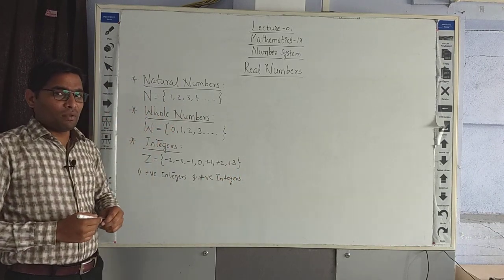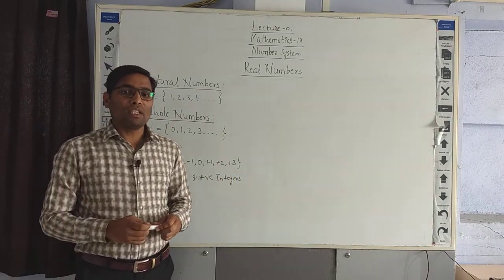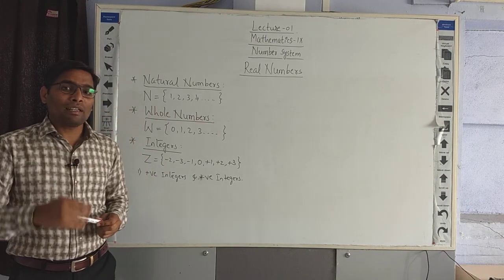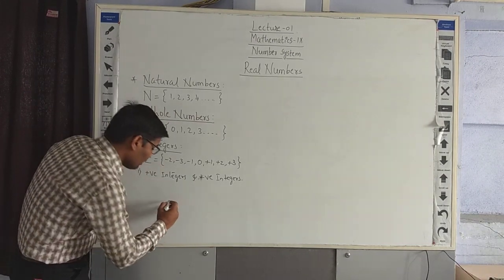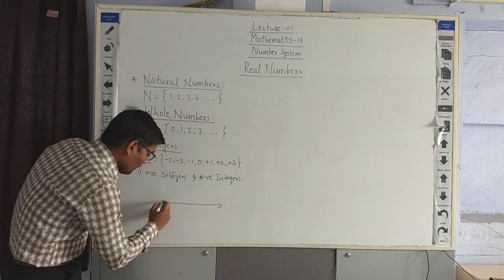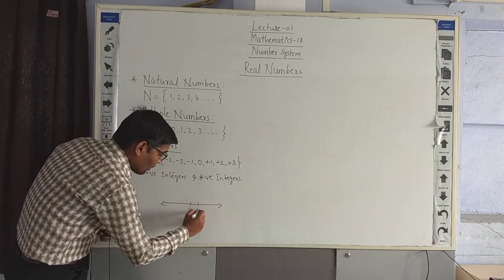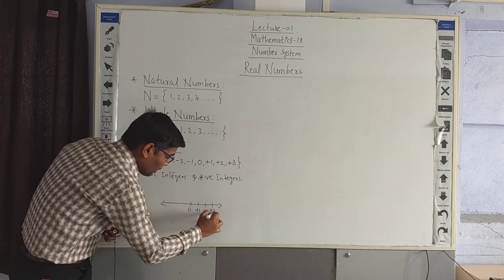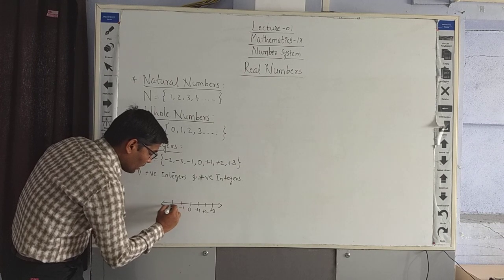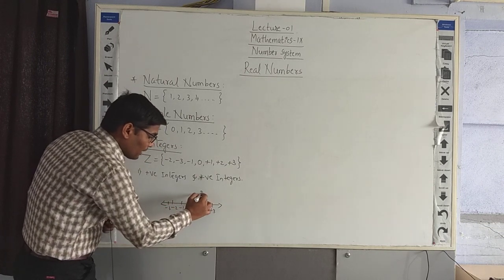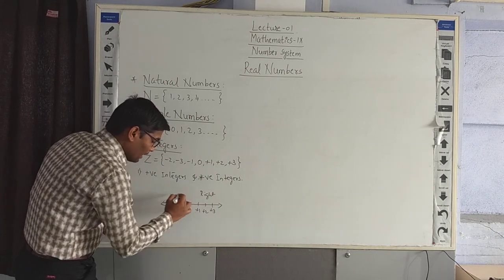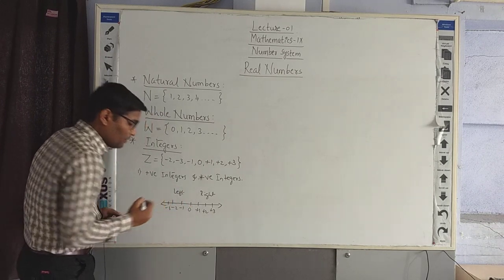To define positive integers and negative integers, we need to use a number line for better understanding. So let's draw a number line: 0, plus 1, plus 2, plus 3, minus 1, minus 2, minus 3. Let's mark this one as the right side, this one as the left side.